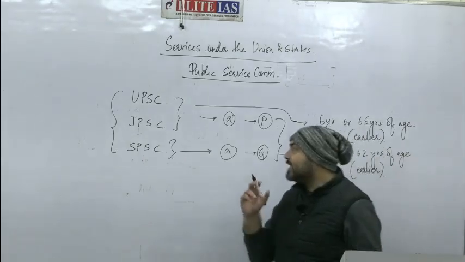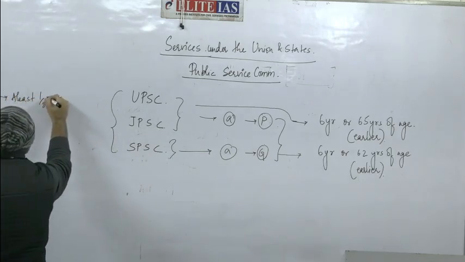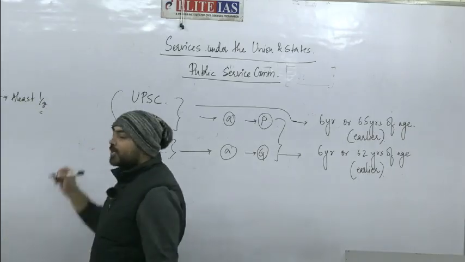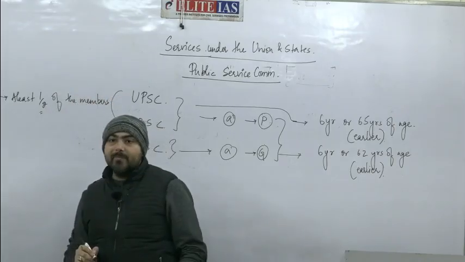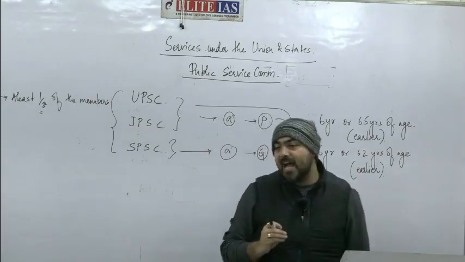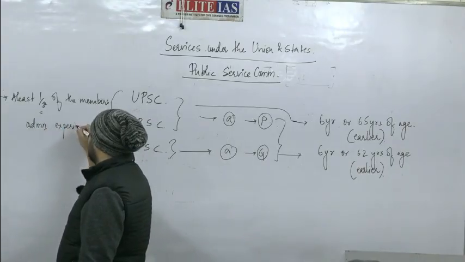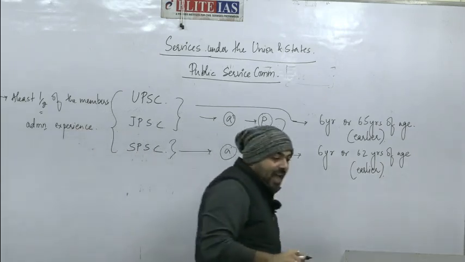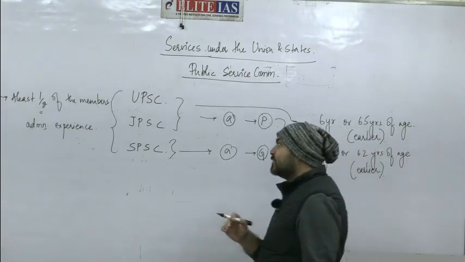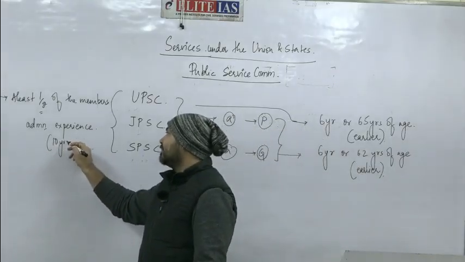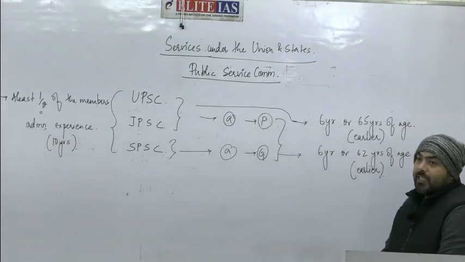The only condition provided is that at least half of the members of the Public Service Commission will have administrative experience, which means at least 10 years of experience under the government of India or the government of the state.